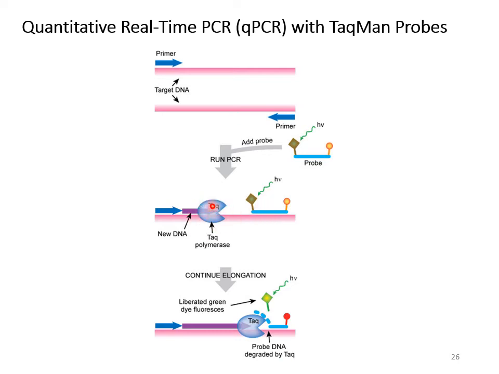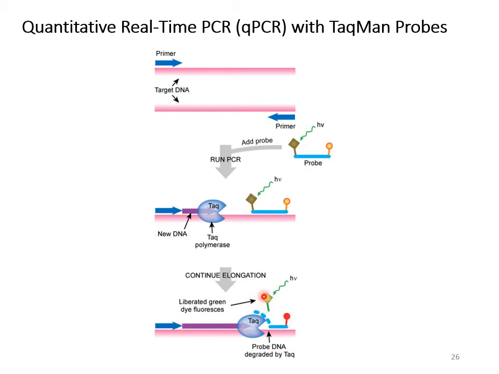What happens when the polymerase is amplifying that DNA? Taq polymerases have what's called exonuclease abilities. So that Taq polymerase, as it's building the new strand, it will then come along. Once it makes it to this probe, it'll chop it up. So when the Taq polymerase here chops up that probe as it's building the copy of DNA, what happens?